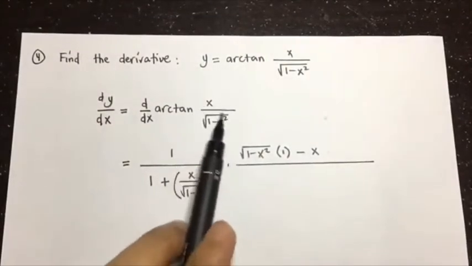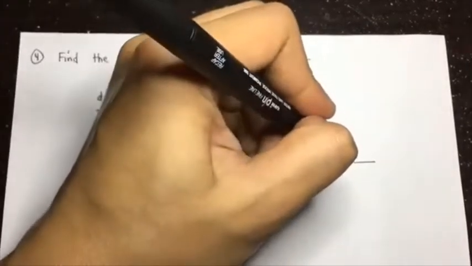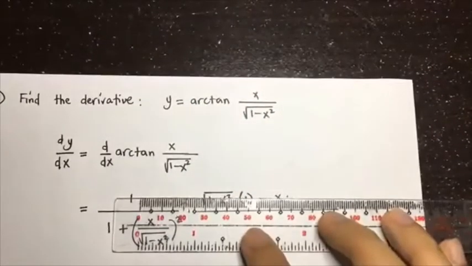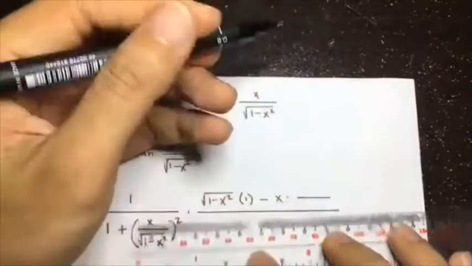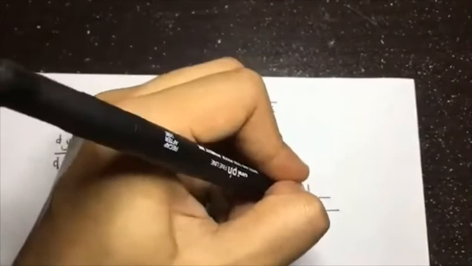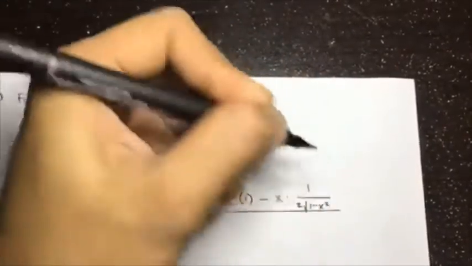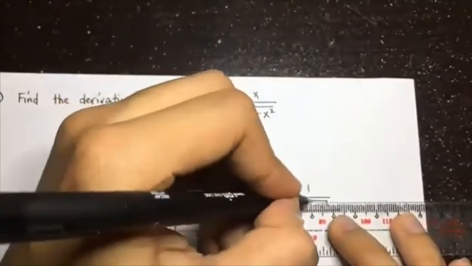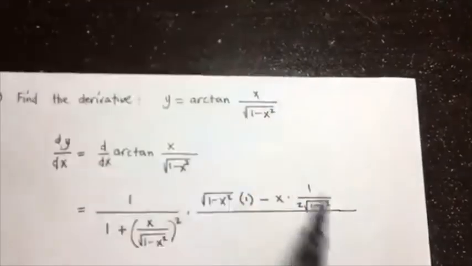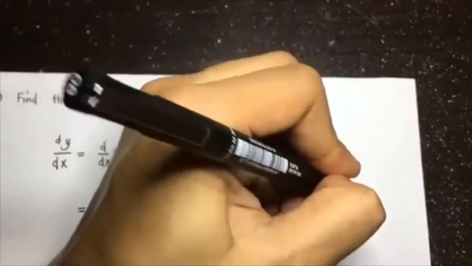So this can be derived using the general power formula. So it will become, multiplied by 1 over 2 square root of 1 minus x squared, multiplied by the derivative of 1 minus x squared, so it's times negative 2x.